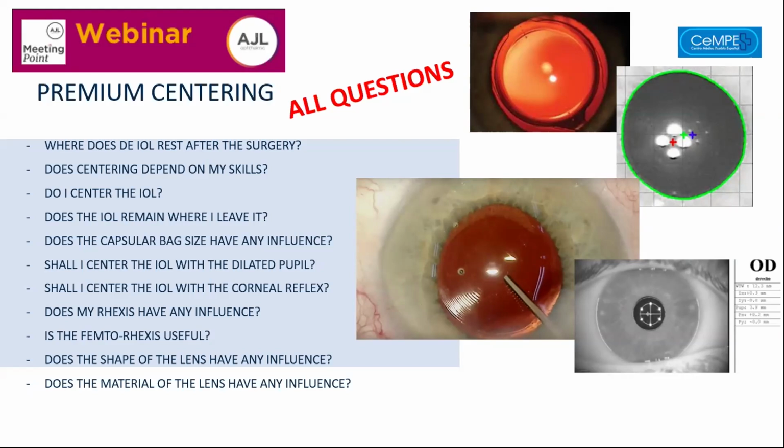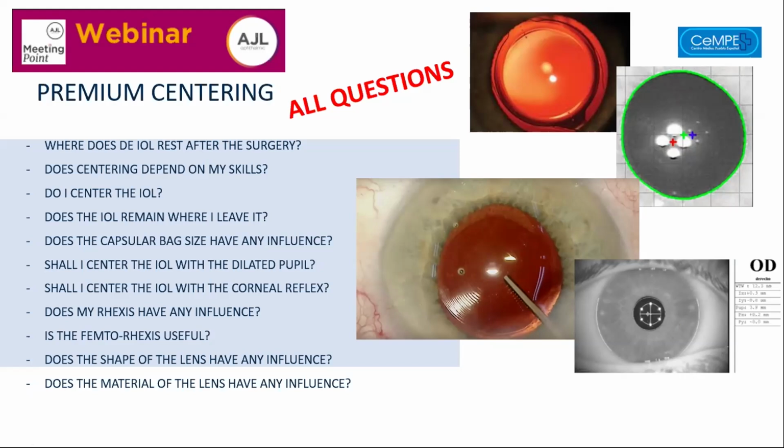And does the material of the lens have any influence? Yes, in centering, because hydrophilic material tends to produce more aggressive shrinkage of the capsular bag. So if you can choose, choose hydrophobic materials or hydrophobic coating.